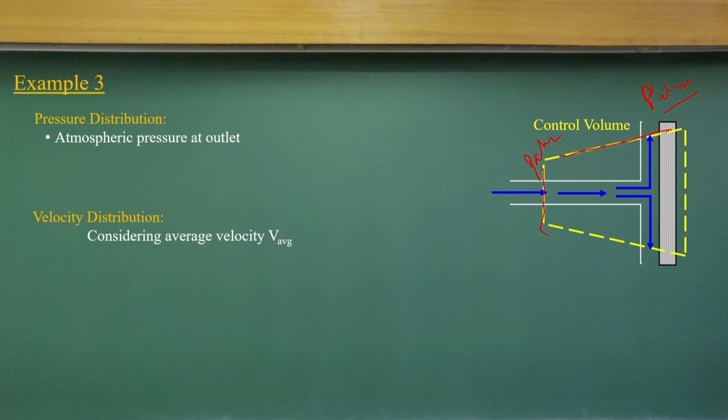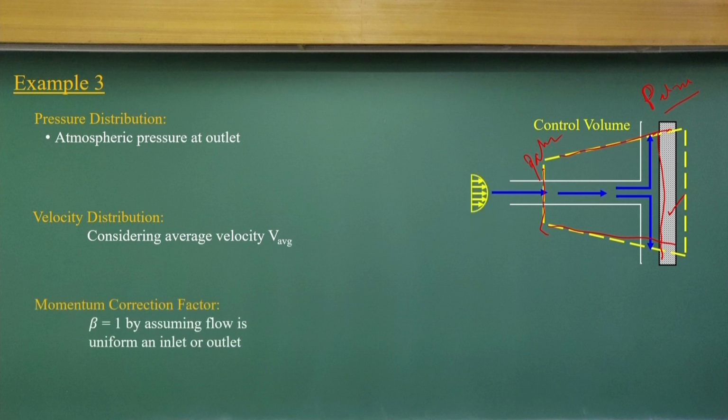Only the force that will impact on the plate needs to be computed. Here also there will be a velocity distribution of the water jet, but we consider the velocity distribution uniform, that means beta is equal to 1.